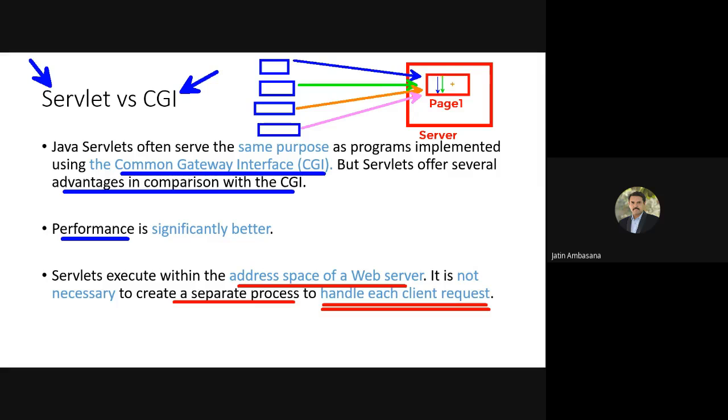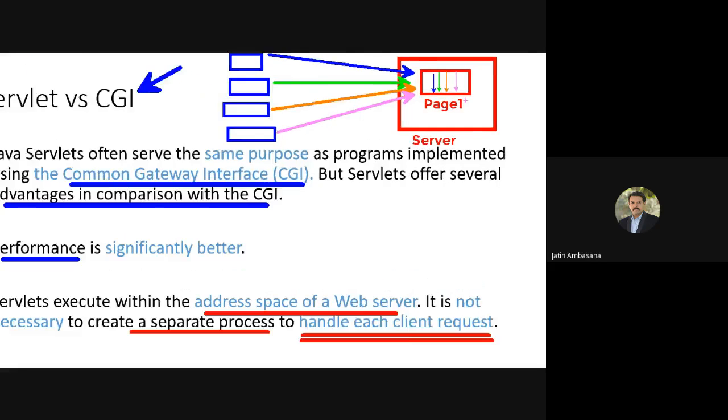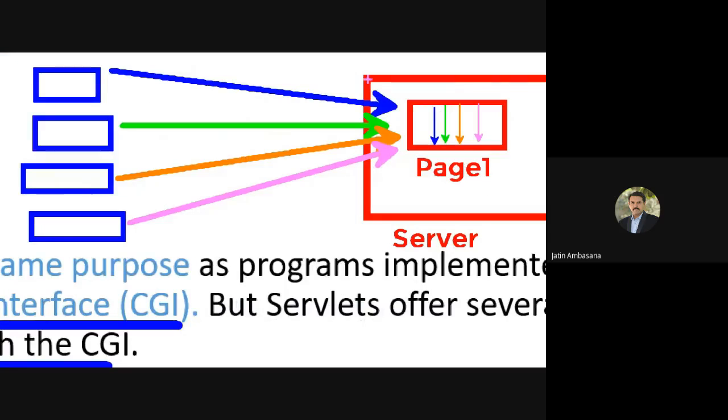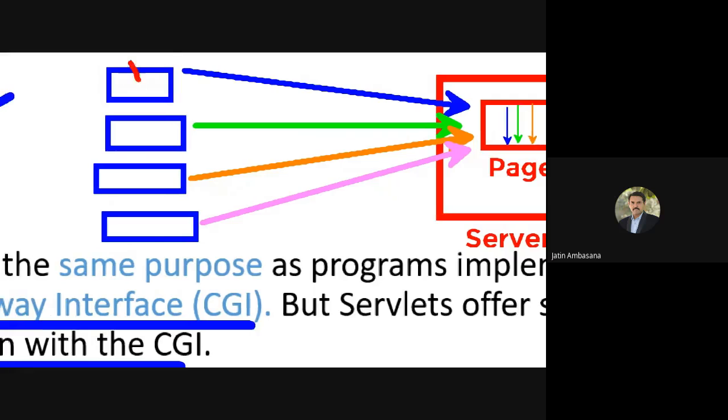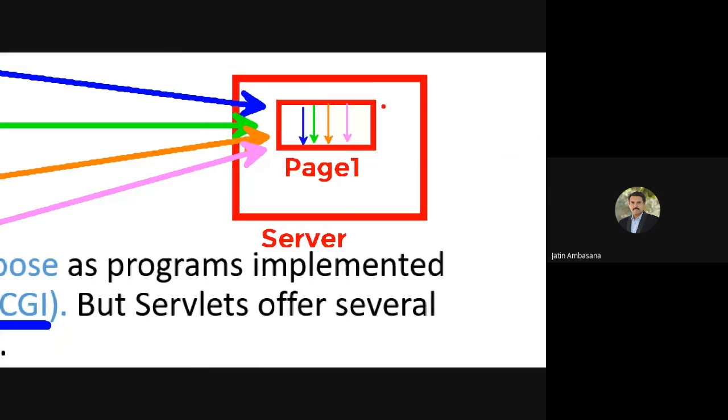And that is the power of Java, that you don't need a separate process in order to process all these requests that are coming from different clients. What it does is it basically runs the same page, but different threads are being run on it for each request.